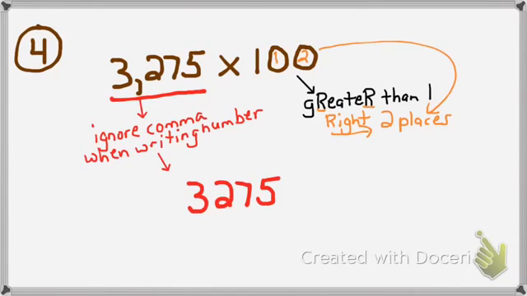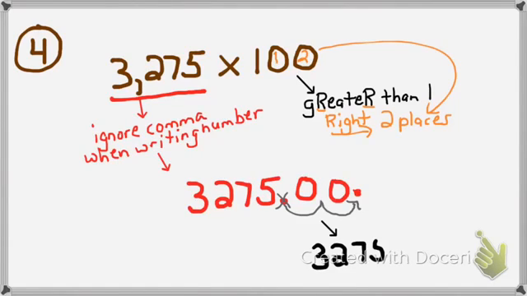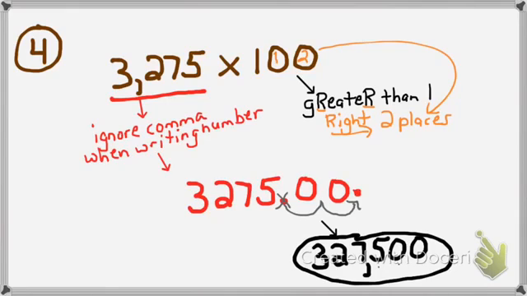Oops. Okay, there's no decimal, so I'll simply remove the invisibility cloak. There it is. Let's cross out the decimal. I want to move it 2 places to the right, but I don't have any digits to move it around. Simple fix, add a place value 0. That's 1 place. Another place value 0. I've now moved it 2 places to the right. So my final answer would be 3, 2, 7, 5, 0, 0. That's more than 3 digits, so I'll have to count backwards to put my commas. 1, 2, 3, comma, 1, 2, 3.